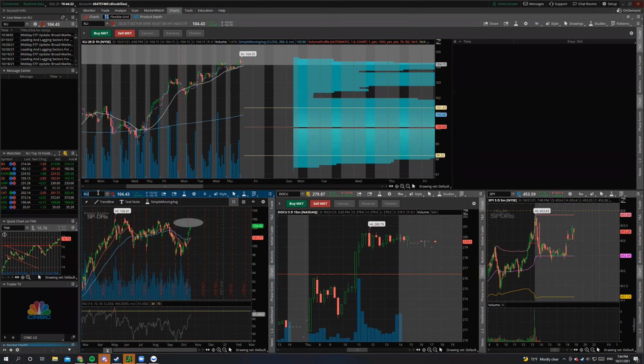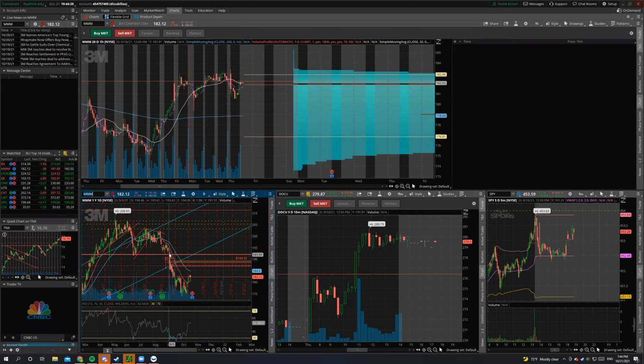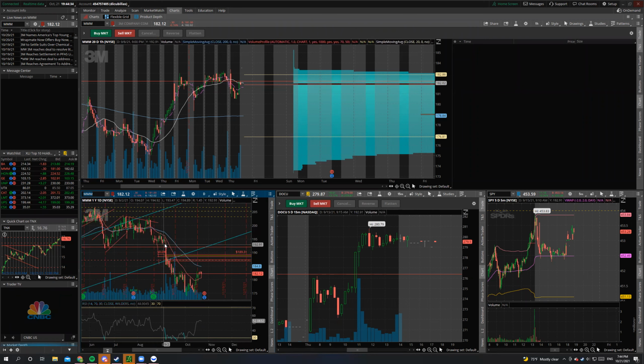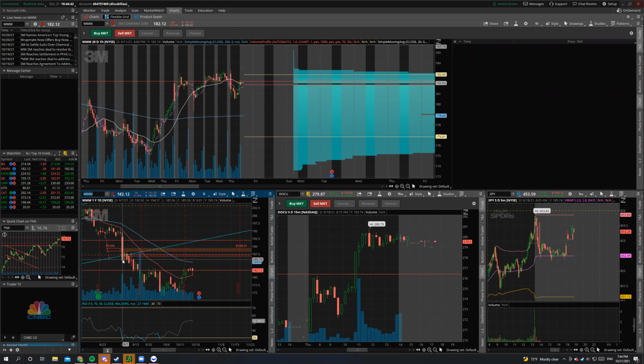And I remember it because I played the bounce on Triple M. The bounce was 5%, but Triple M doesn't really move that much. It's a boomer stock, and this candle was a 5% day to the downside. So sometimes I play those bounces.